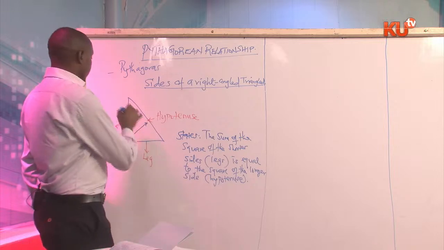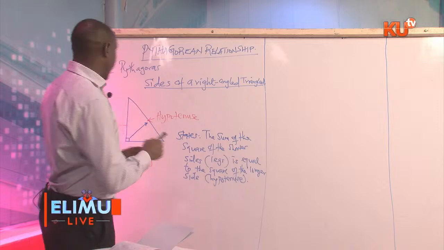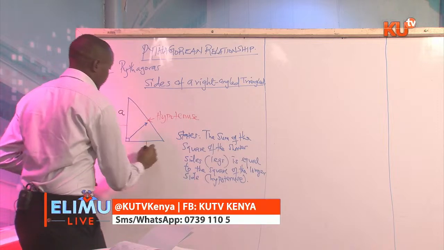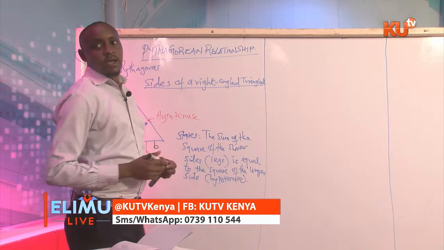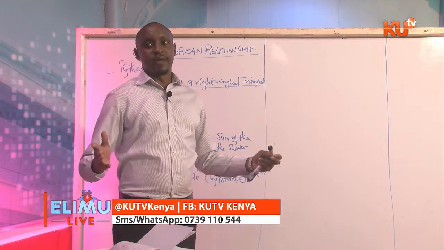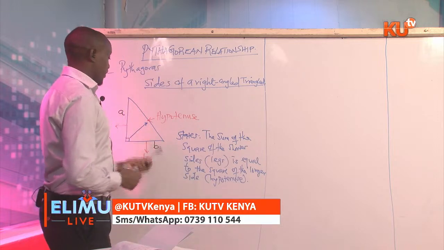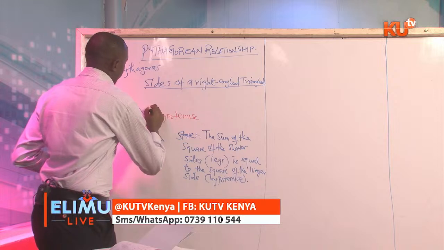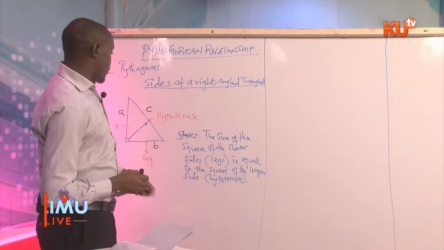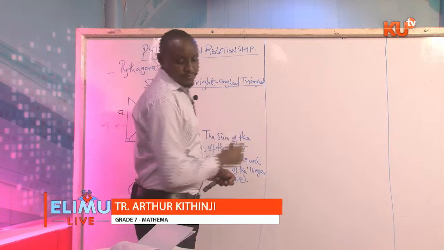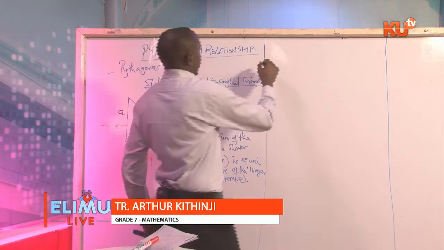Now, coming back, let's call one of the legs A and the other one B, which is irrespective of the changes because they are related by addition. So this can be A, and this can be B, and this can be B, and this can be A. The other side, the hypotenuse, is C. So we call them A, B, C. So using that, we have what we call an equation relationship.